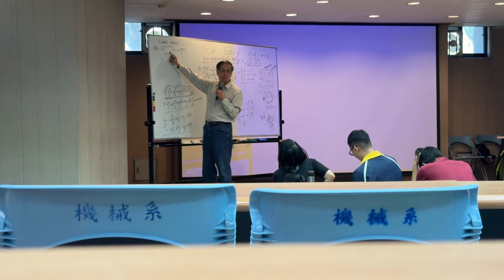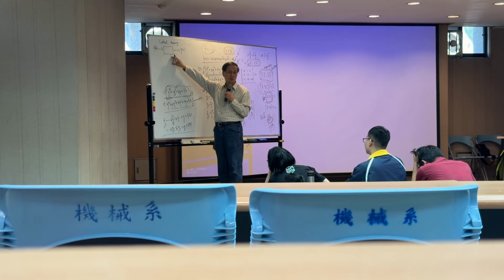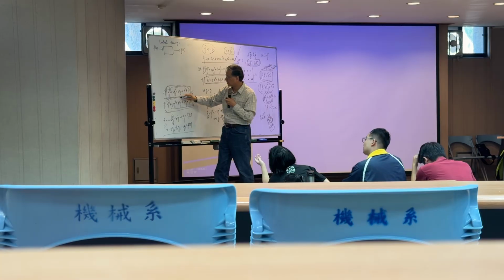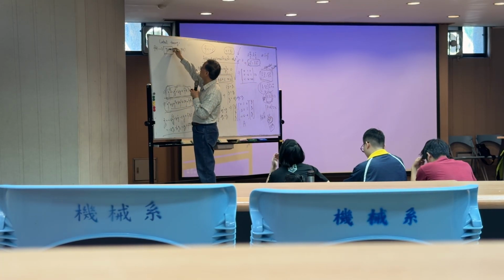In control, we call this the plant, right? And how do we represent this plant? We use Laplace, right? So if we have a problem like this, this is the transfer function, remember?